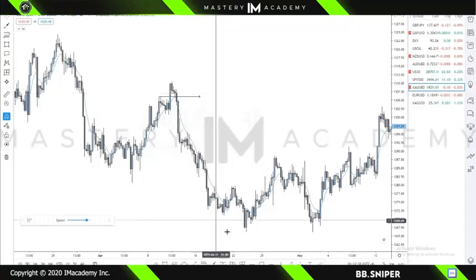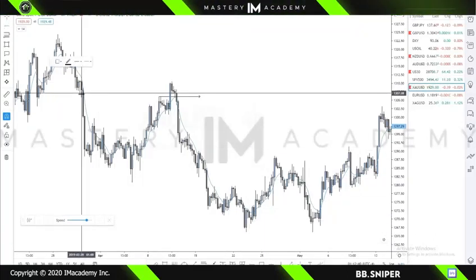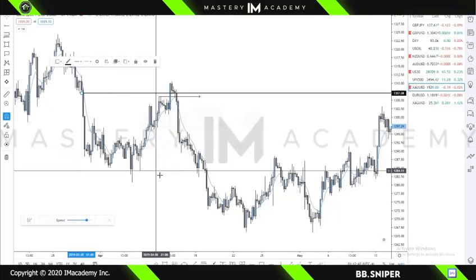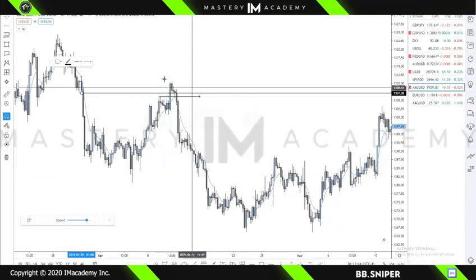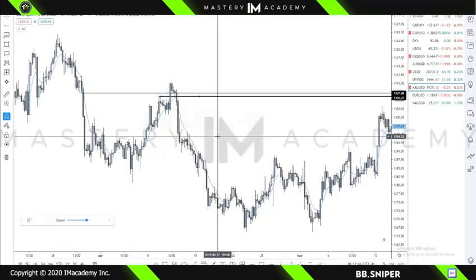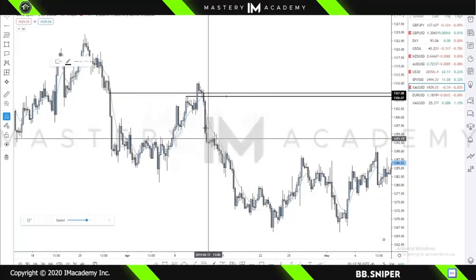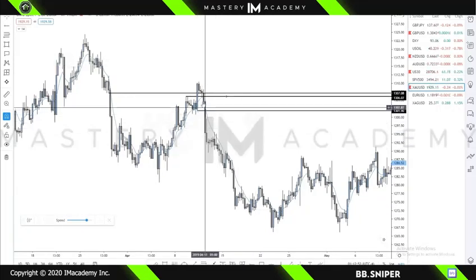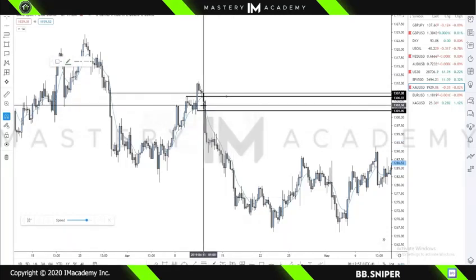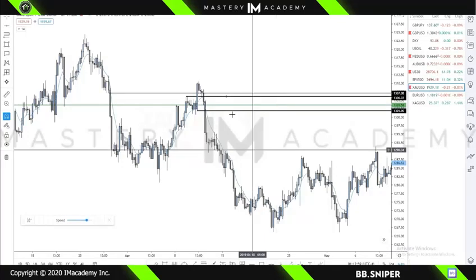It also filled this imbalance. The candle is sitting inside of an imbalance. We actually had all four here.